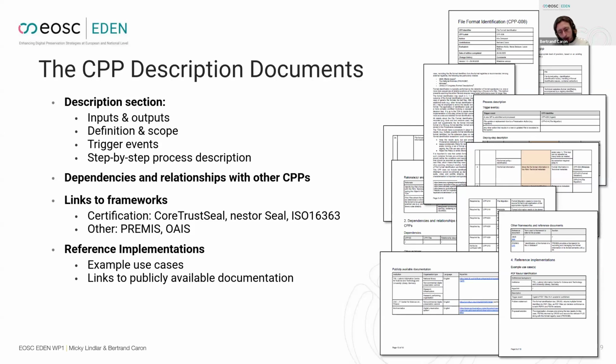So we ended up considering essentially the following frameworks: the certification frameworks, the CTS, Nestor Seal, and ISO 16363, and PREMIS and OAIS as additional documents. And the final section is about reference implementations and has a part about use cases and links to publicly available documentation.